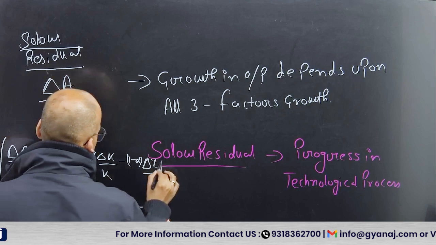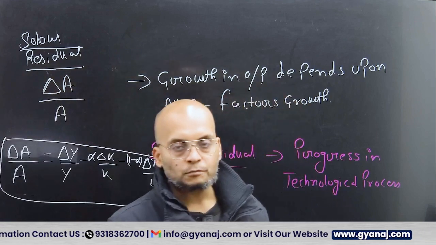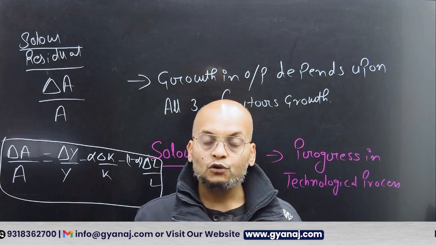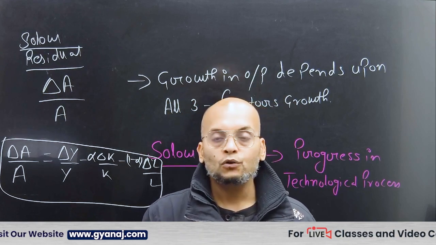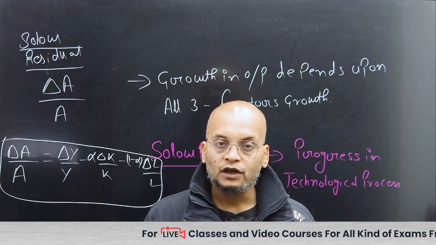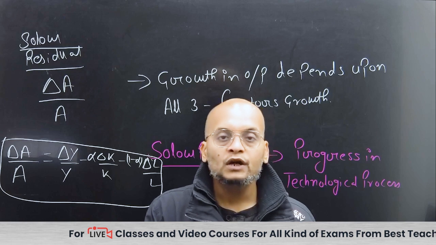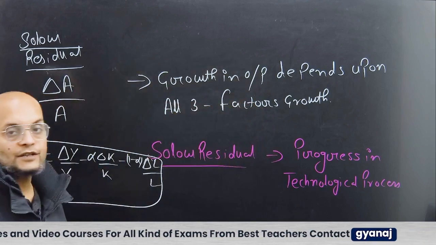By this methodology, since we know the total output and growth in output, subtract growth in capital and growth in labor from growth in output. Thereby, we can find how much of the growth is due to technological growth. That's what our Solow residual is.